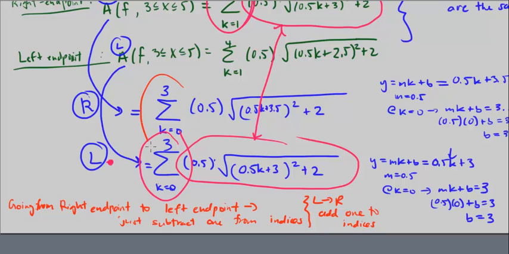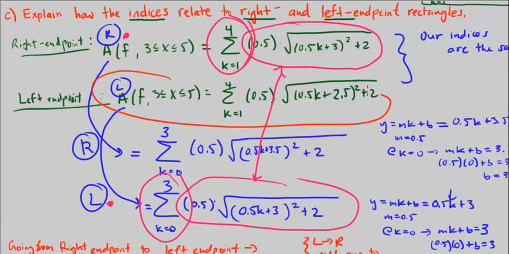So it could be from k is -1 to 3 using this as our argument. If we go from left to right, so here we have left, we could just add 1 to get here. So instead of doing all this work, I can just say from k is 1 to 4 with this equivalent inside. Or I can start from left here and go to right endpoint. I can just add 1 again, so starting from 2 and go to 5 and use the same argument.